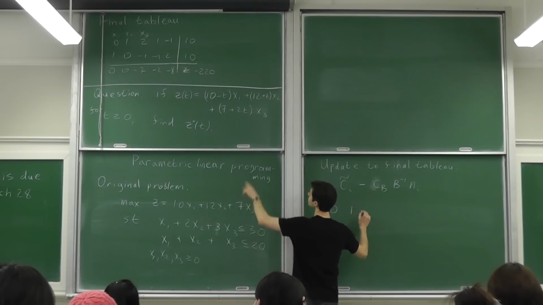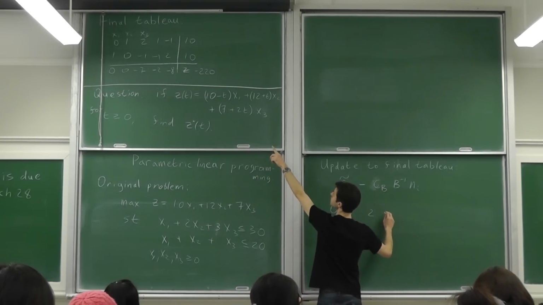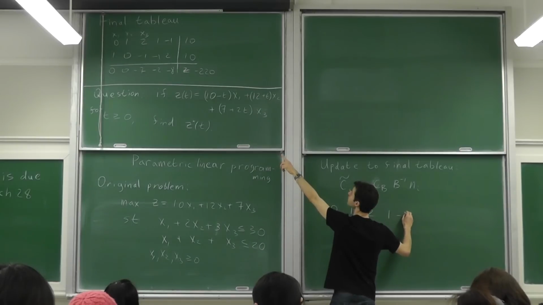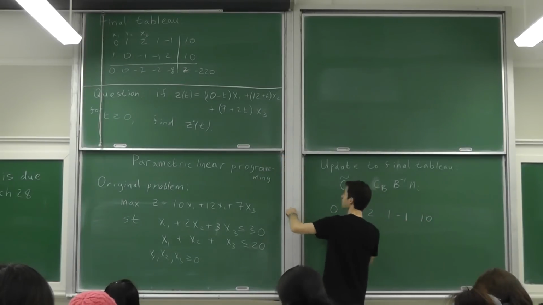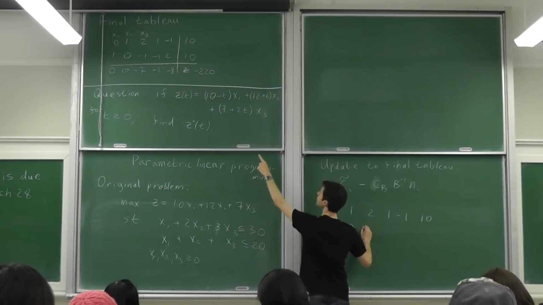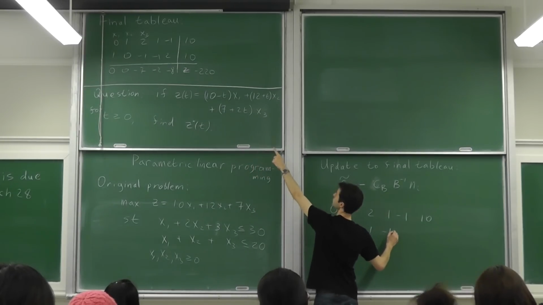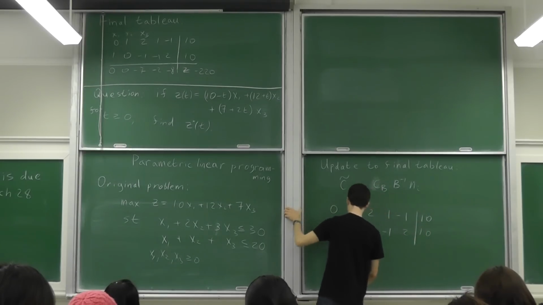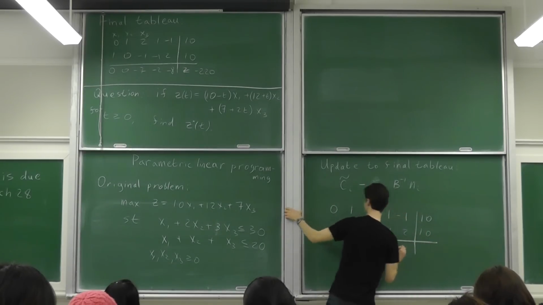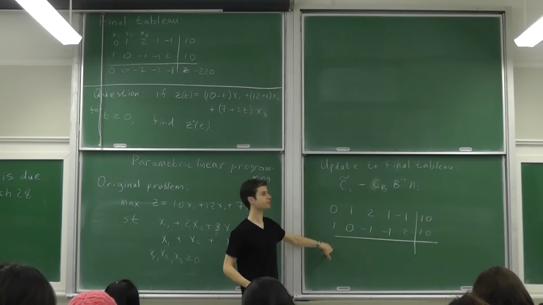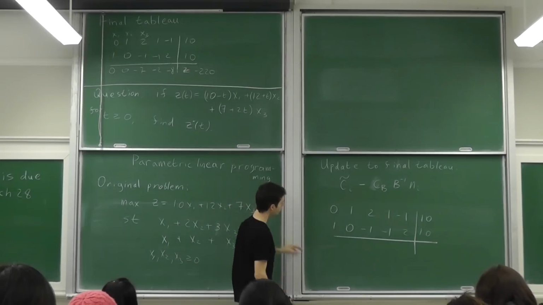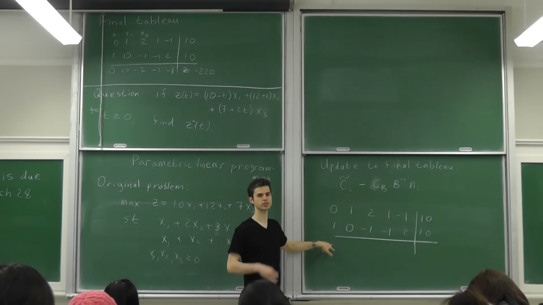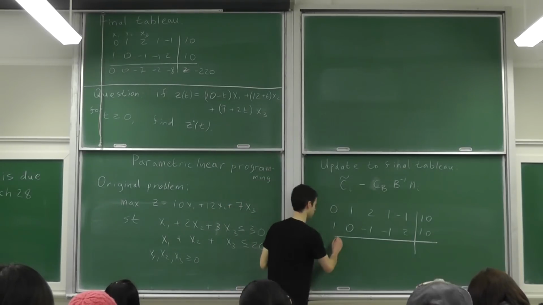The coefficients everywhere are exactly what they used to be. Minus 1, minus 1, 2, 10. But in the last row, we used to have 0. Now it was updated, it should decrease by t.